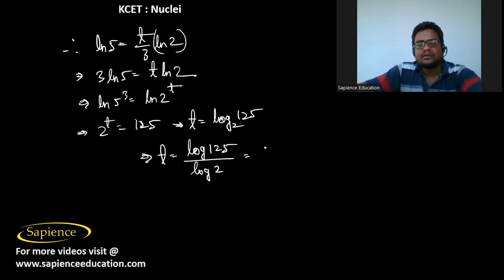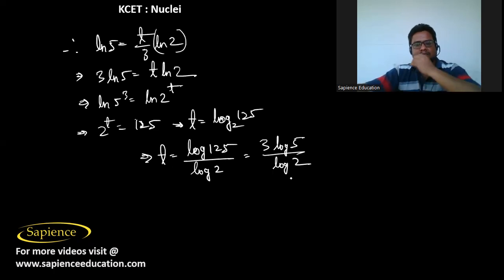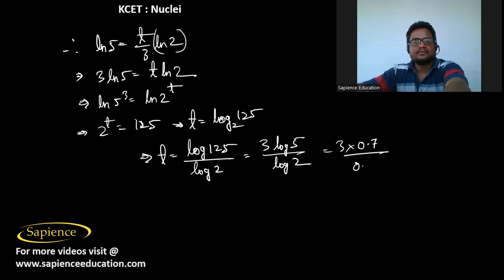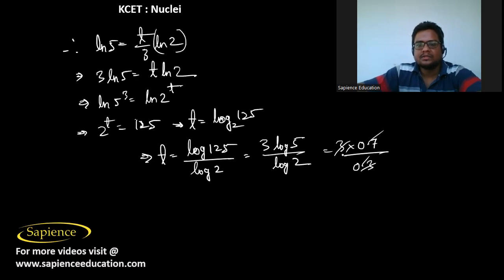Log 125 means 3 log 5, so it is 3 log 5 by log 2. So this is 3 into log 5, where log 5 is 0.7, by log 2, which is 0.3. So the point will go away, and 3 will cancel. So it is 7 years.